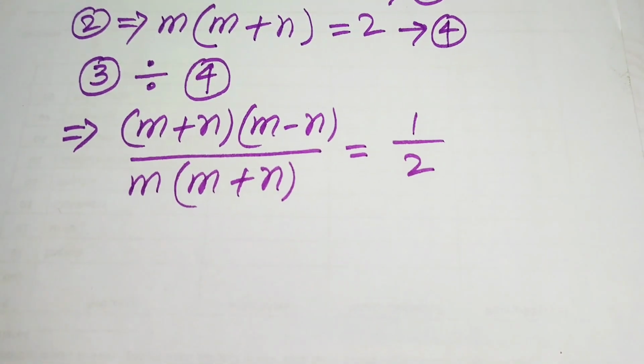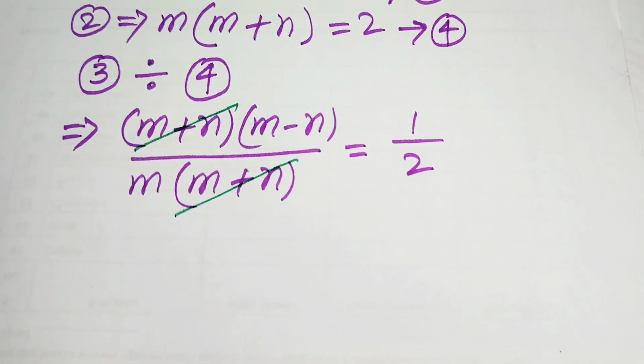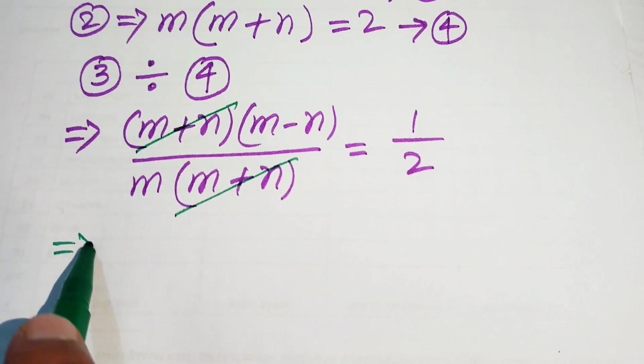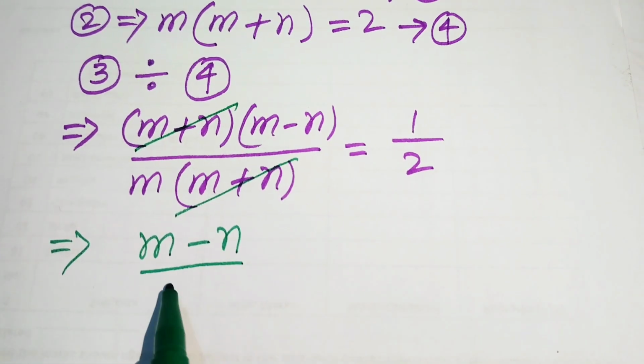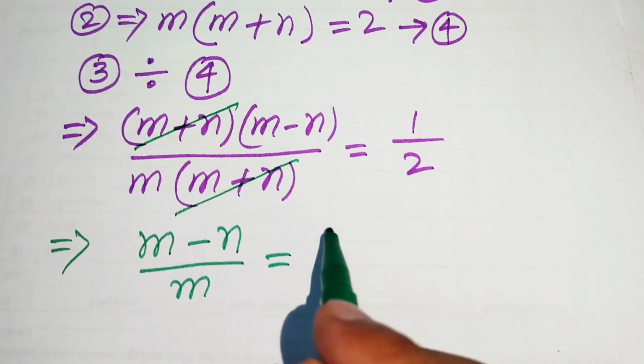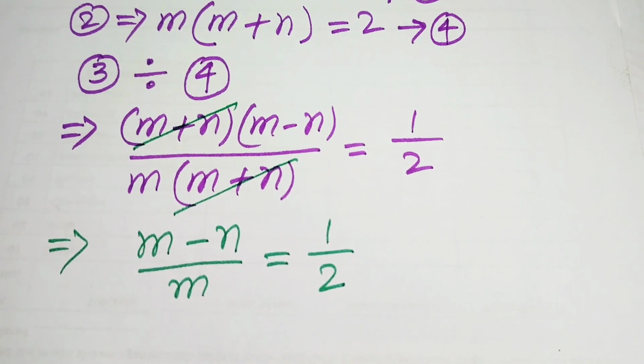And now in the next step we need a little bit of simplification here, and you see that this m plus n is cancelled out by this m plus n, and the remaining terms are m minus n divided by m is equals to 1 over 2.